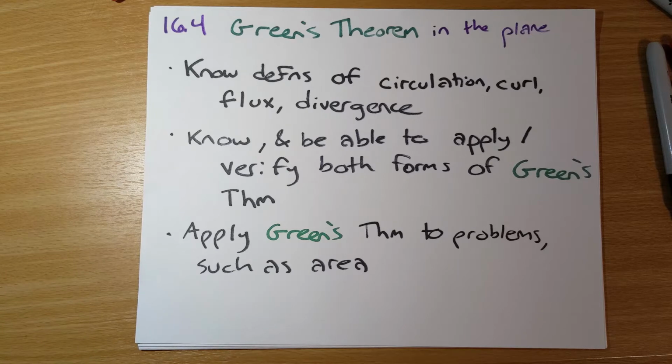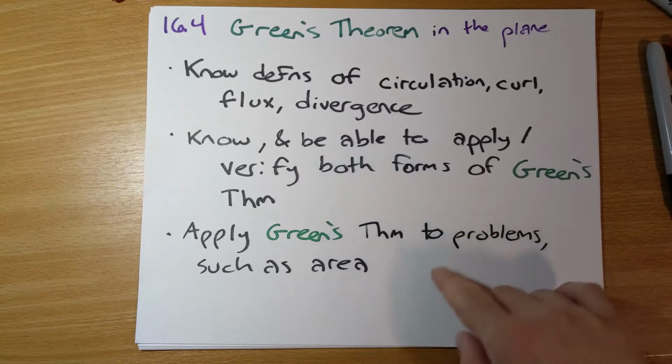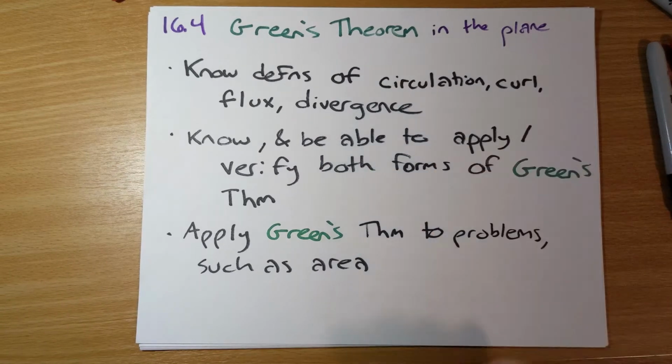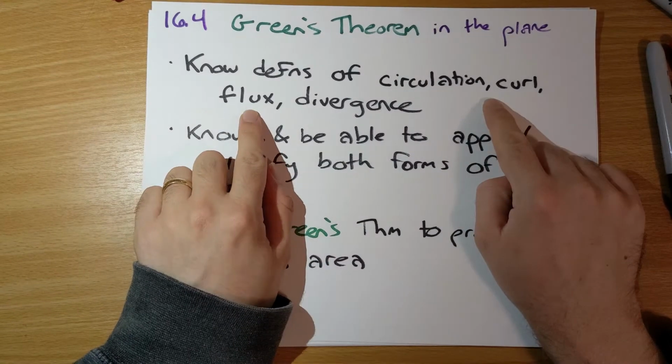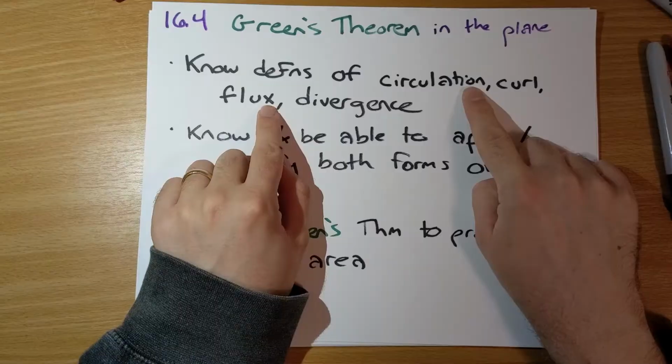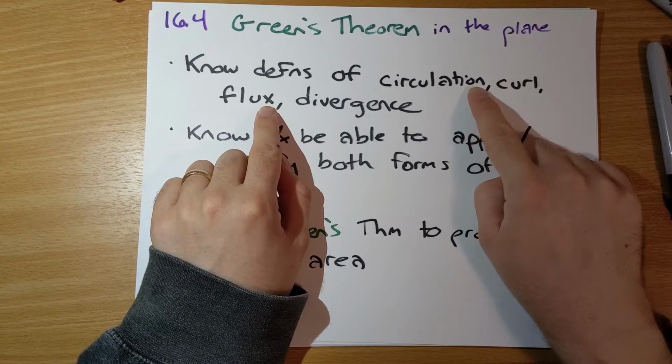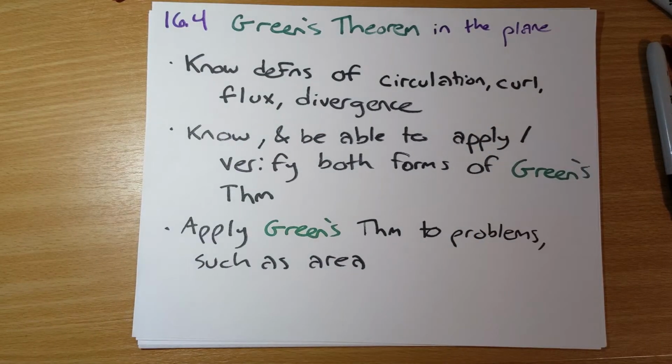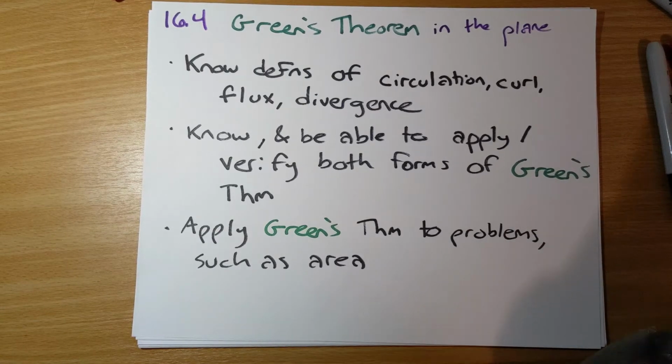Before we can state Green's theorem, we need to talk about circulation, curl, flux, and divergence. Circulation and flux are terms that we saw back in section 16.2.